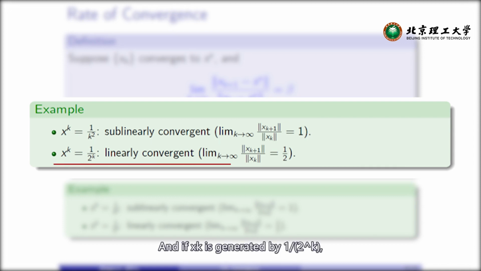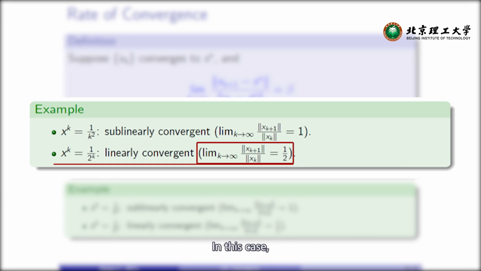And if xk is generated by 1 over 2 power k, we do the limit calculation and we get the limit to be 1/2, which is between 0 and 1. In this case, xk is a linearly convergent sequence.